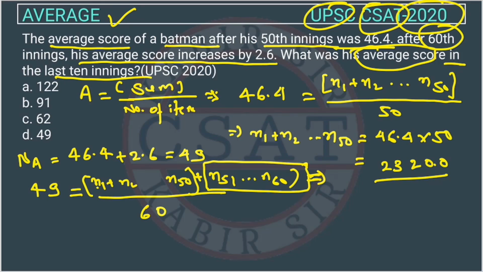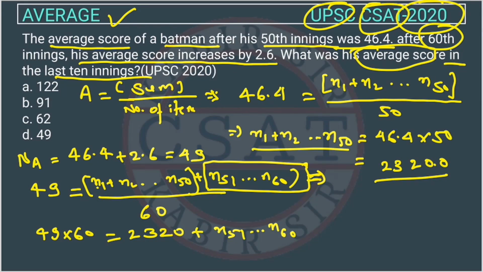We know N1 plus N2 till N50 we have calculated here, 2320. So the 60 will go this side, so it will be 49 into 60, which equals 2320 plus N51 till N60. Now we have to calculate N51 till N60, so it will be 49 into 60 minus 2320.